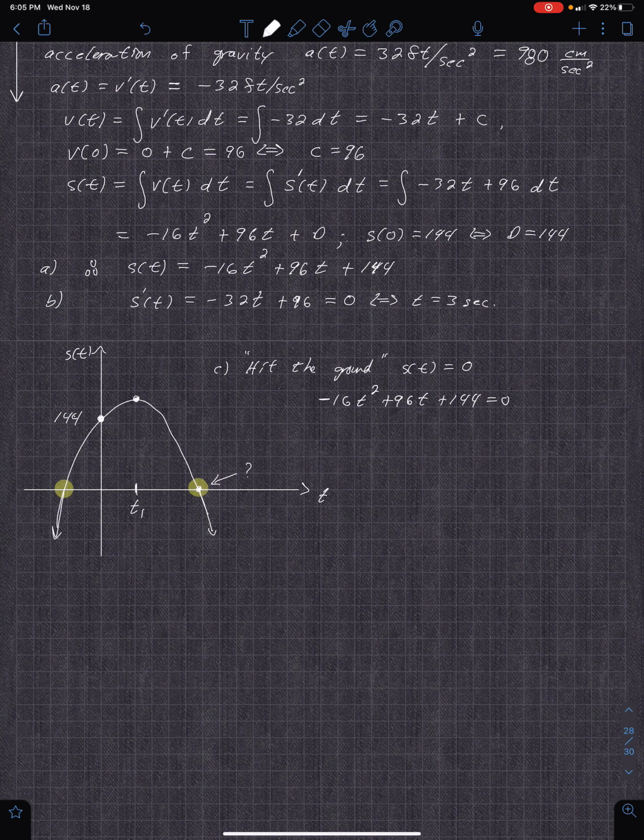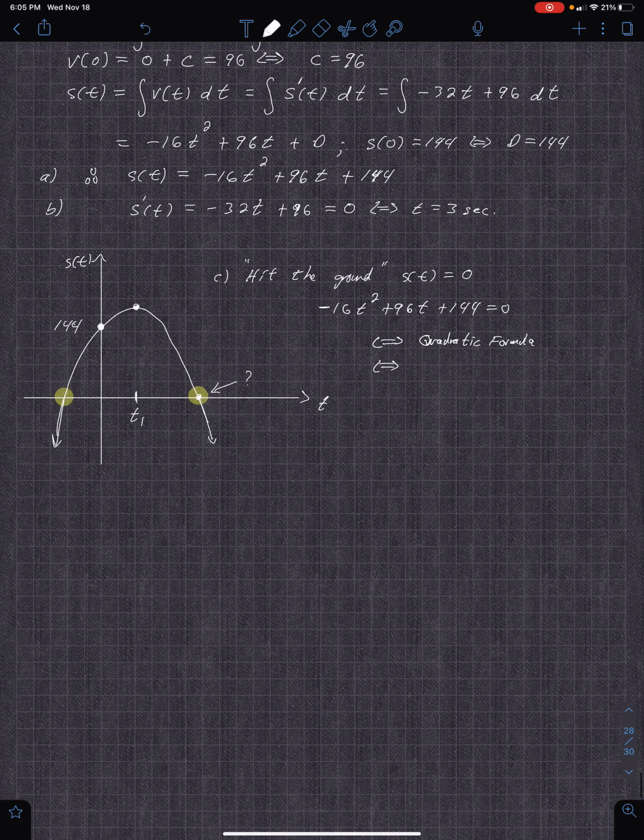The quadratic formula is the easiest way to do it. You could complete the square. Not sure what else you could do, but you get 3 plus or minus 3 root 2.